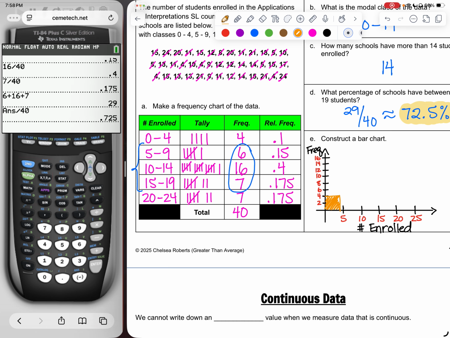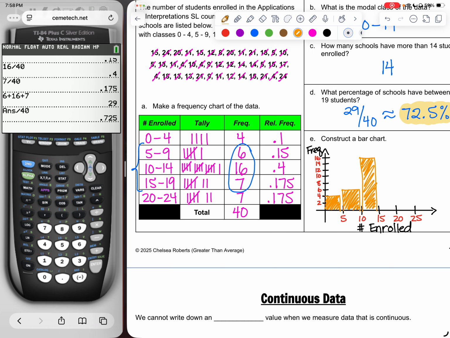Then I have my bar for 5 to 9. There are 6 schools with that, so I go up to the 6, starting at 5, I go over, and come down right about 9. I'm not going to quite touch 10. Then I have 16 schools at the 10, so I go up to 16, and then I lower it right before the 15 because it's going from 10 to 14.